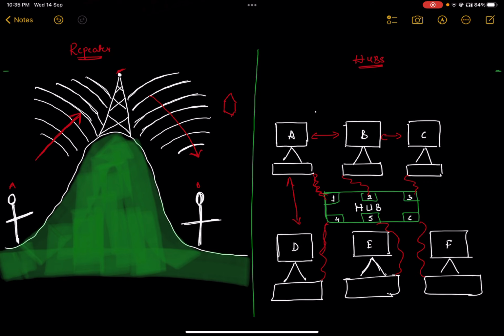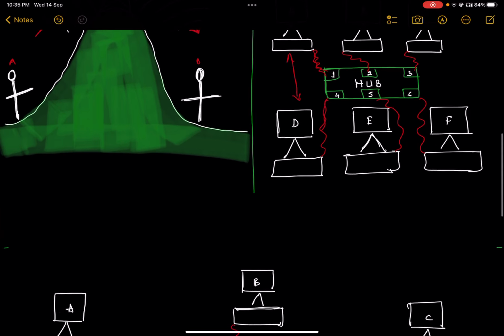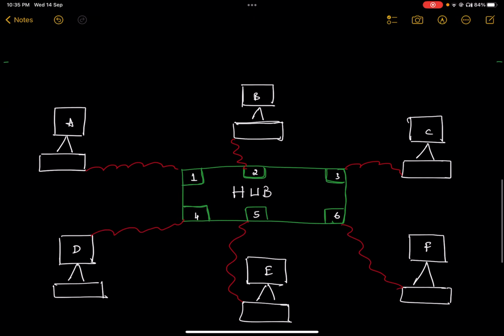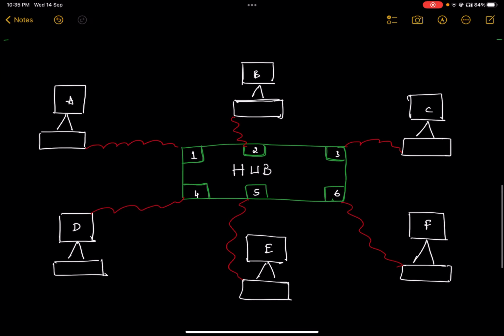So I think now we have discussed most of the points. Now let's quickly jump on to the working of a hub, right? Let's assume here is a hub, and we have already discussed why we need a hub, what a hub is, in which layer it works, and what the protocol data unit is, right? The PDU, or protocol data unit, of the hub works upon bits, right? So now let's understand how a hub works in practice.